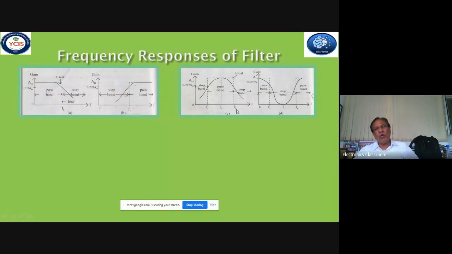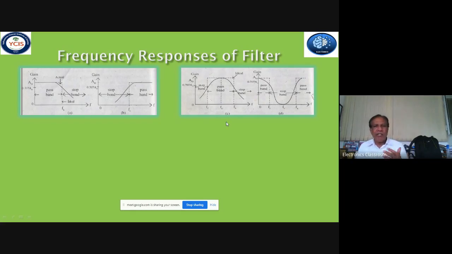That means the band pass filter has two stop bands and one pass band. So this is all about the response, the pass band and the stop band, which occur in band pass filters, and this is the theory behind it.